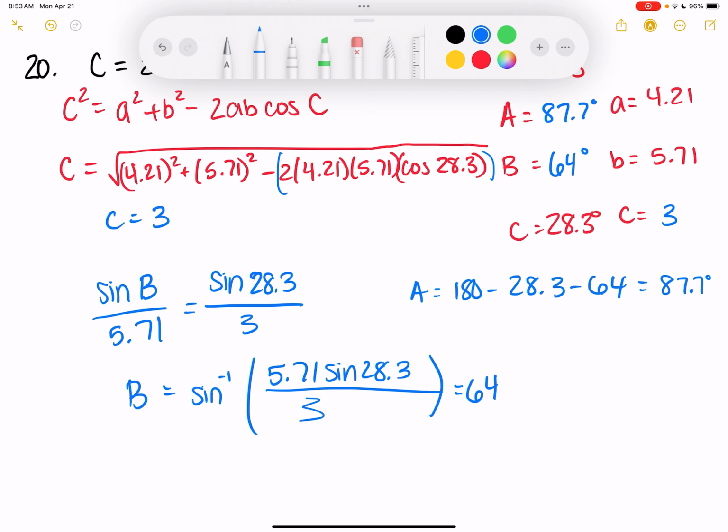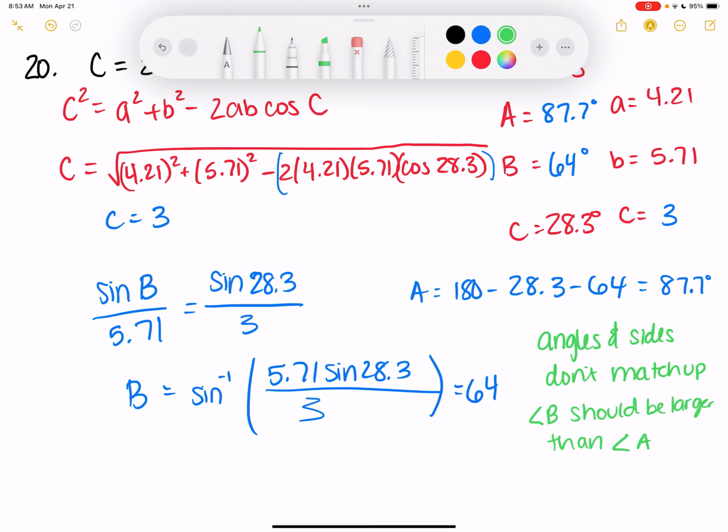So when this happens, I would just make a note and say that the angles and sides don't match up, and say that angle B should be larger than angle A. And at that point, I would just leave it at that. Mathematically, nothing is wrong. It's just the order that we did it in.